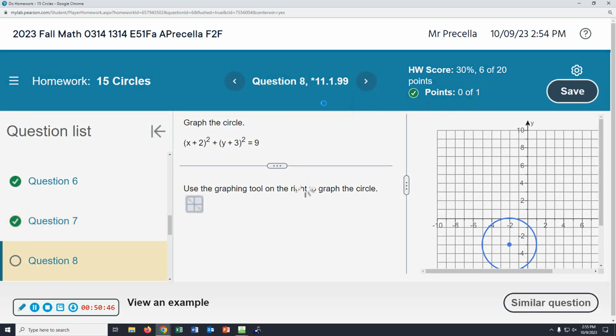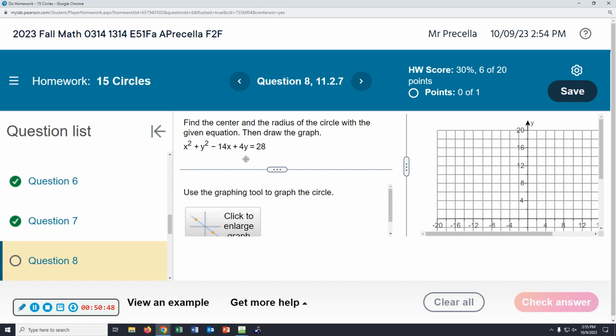So your goal, when you see something like that, is to get the equation written in center radius form. I've been talking, I wasn't writing. I better write down the equation. X squared plus y squared minus 14x plus 4y is equal to 28.